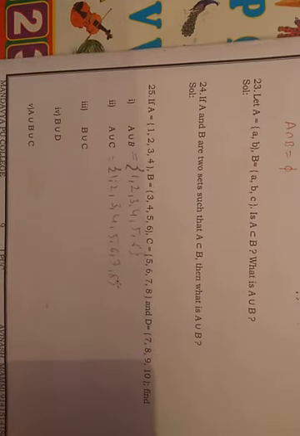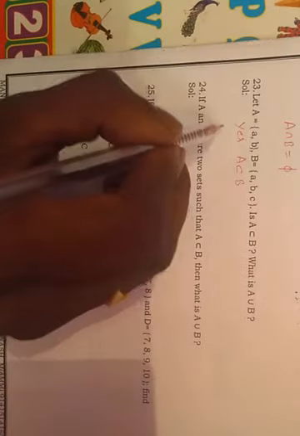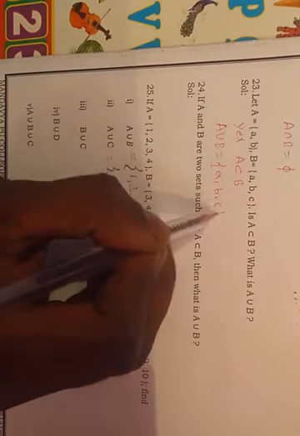Next, question number 23. The set A has 2 elements, that is a, b, and set B has 3 elements a, b, c. The question is, is A a subset of B? Obviously, every element of A is also an element of B, hence the set A is a subset of B. And we can write A union B is {a, b, c}. That's all.